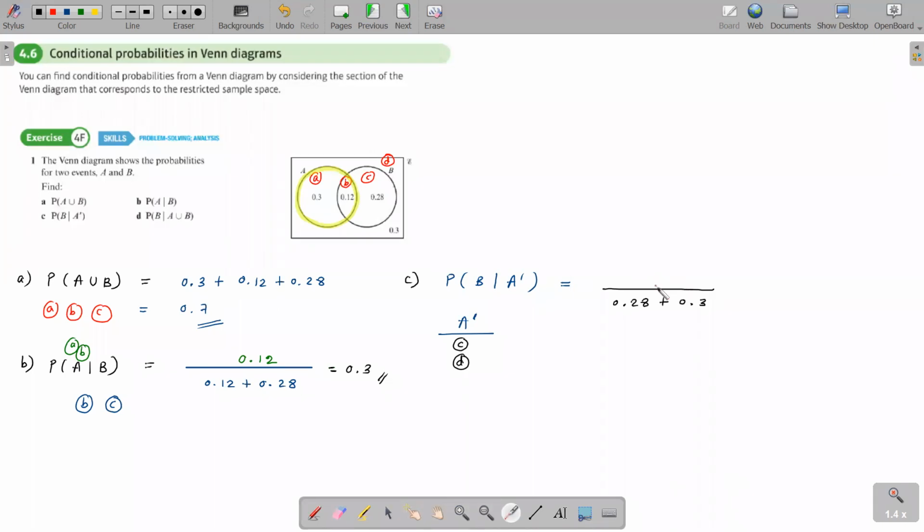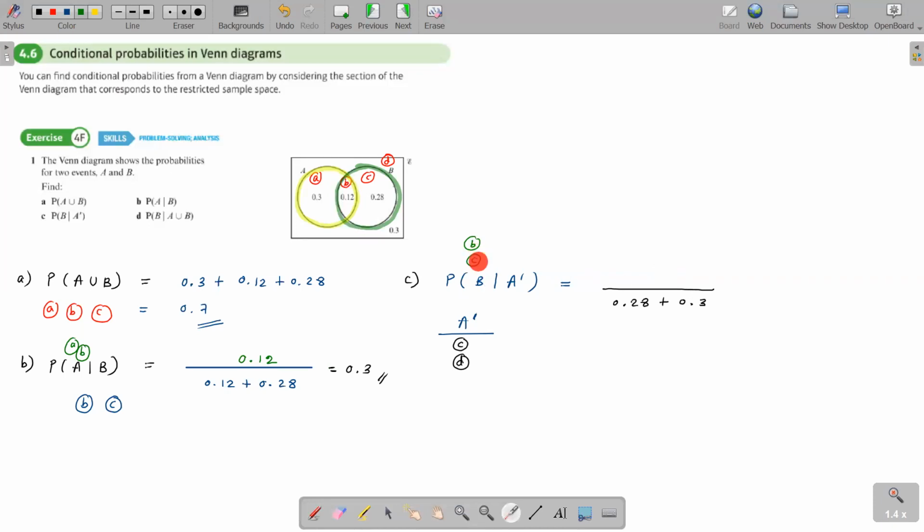So which one comes? On top, they say you're supposed to find the probability of B. So probability of B, when it comes to the B circle, the regions are simple B and simple C, right? So guys, I told you now, if you wrote C and D are down here, then on top it has to be either C or D. You can't get any other region because it's conditional.